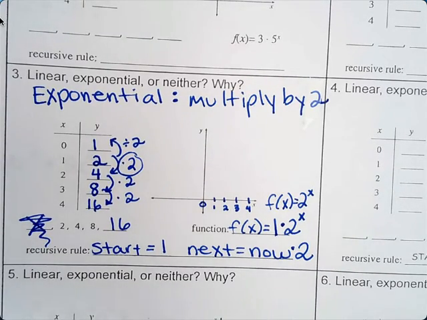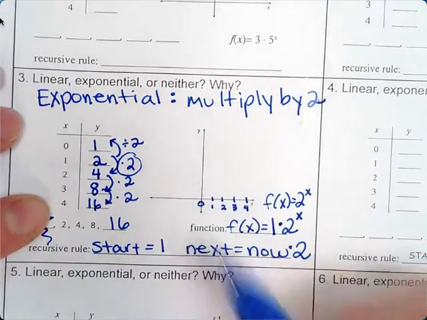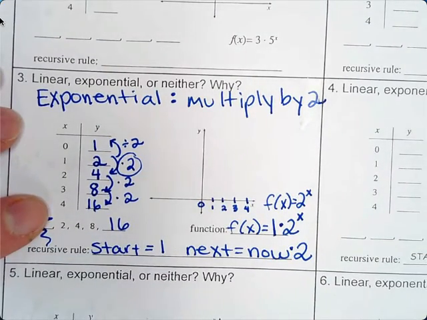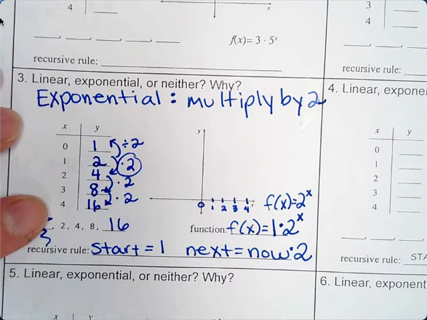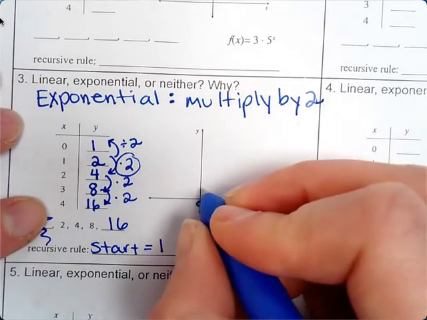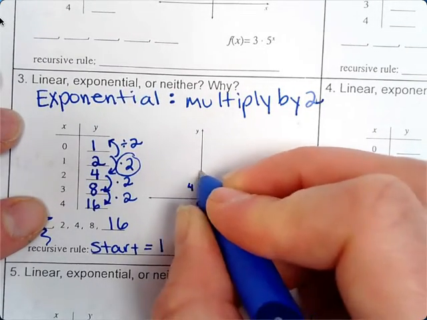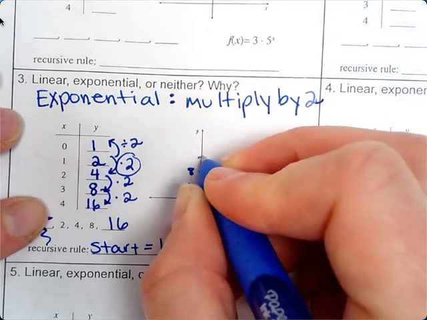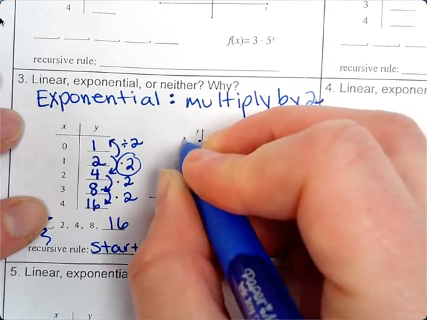And then what is our y-axis going to have to go up to? 16. So what should I go by? 5s, 4s, it doesn't matter to me. 4s? Okay. 4, 8, 12, 16.